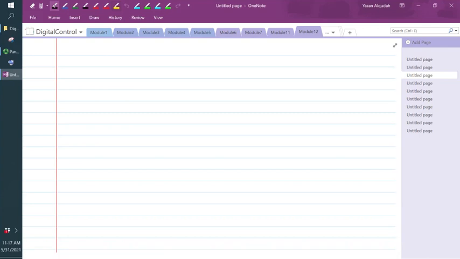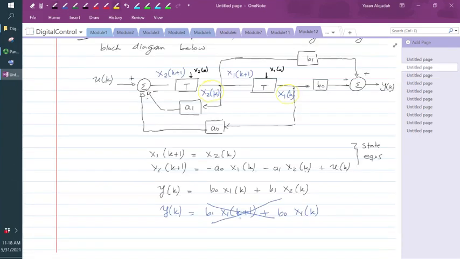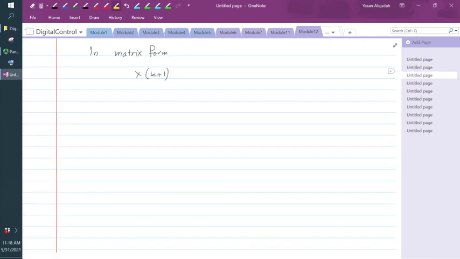So in a matrix form, this becomes x of k plus 1, which is these two together. I can just write them as x of k plus 1. It's understood this is x1 of k plus 1, x2 of k plus 1, depending on the size.